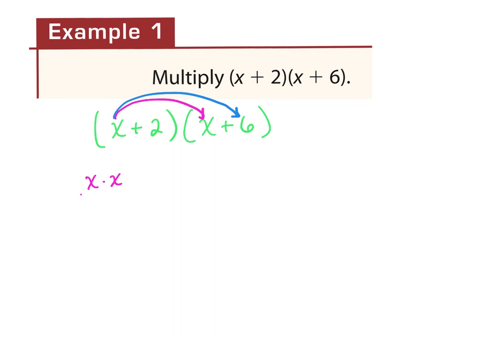This is going to be a positive times a positive, so positive x times 6. Inner terms, that's going to be positive 2 times positive x. And then our last terms, that's going to be a positive 2 times a positive 6. All right? First, outer, inner, last.